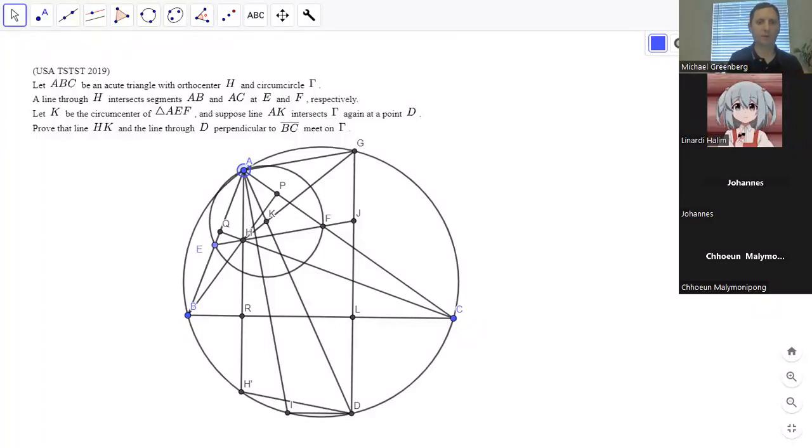Yeah, it's weird. It's a very flexible problem. Like EF can be any segment, but I just don't see where to go from here.